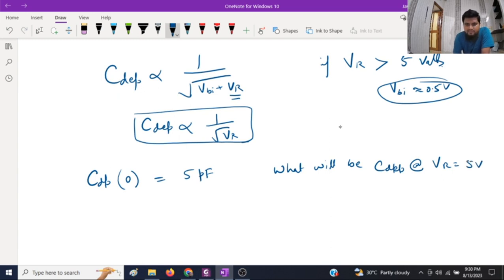You are given Vbi, let's assume, is equal to 0.5 volts.